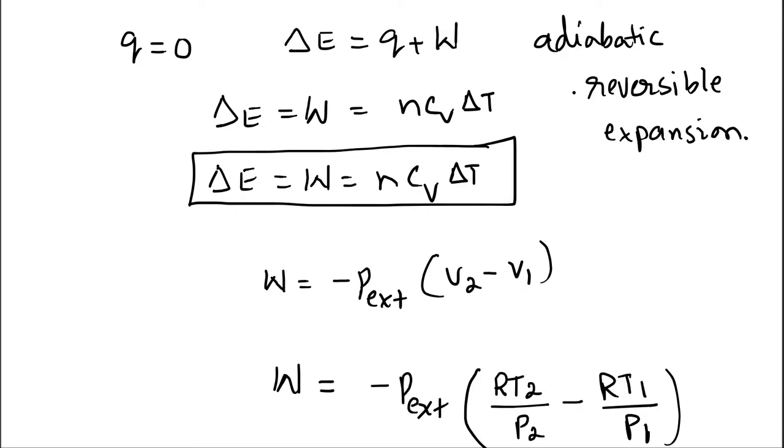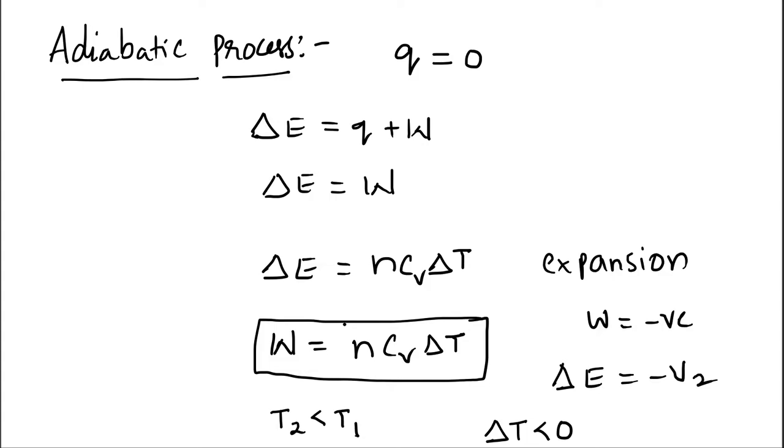And this is for an irreversible process, because here the external pressure is a fixed quantity, that is P2. And what is the work done in a reversible process? That is nCV delta T in an adiabatic process. So this is about the work done in adiabatic process and isothermal process.